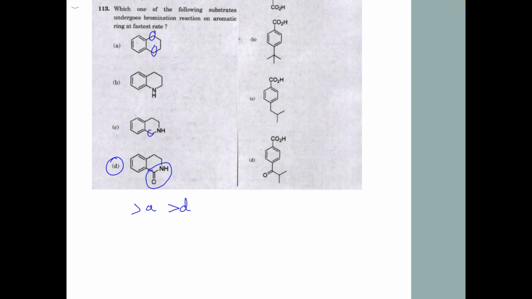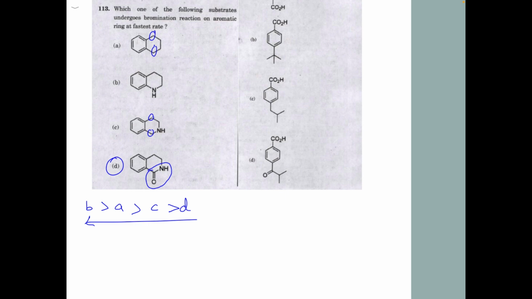In option C, one CH2 carbon is attached with an electron withdrawing nitrogen group, so the activity of the benzene ring will be lesser than A. So I have placed the C here. So the third one is option A, the fourth one is option B. This is the rate of reactivity for the bromination of the given molecules.